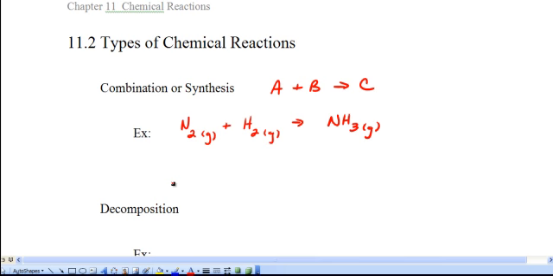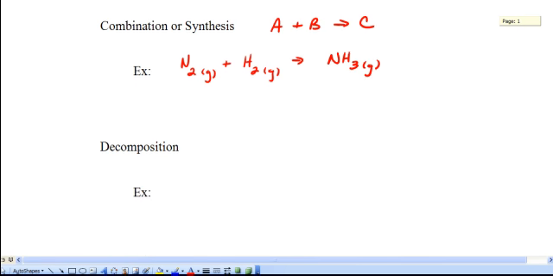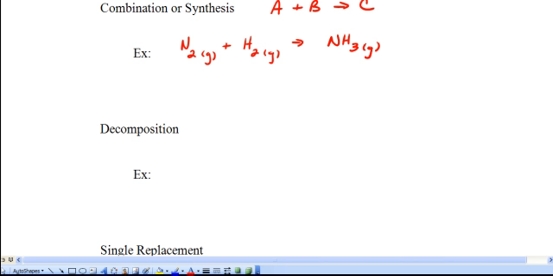Now on the opposite side of that are decomposition reactions. That's taking your one substance and then breaking it back down into two or more components.